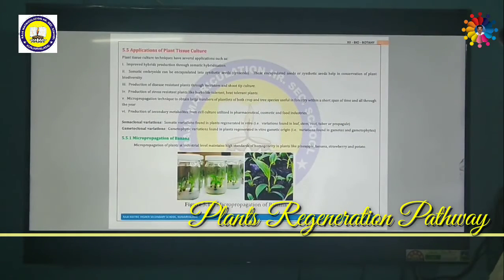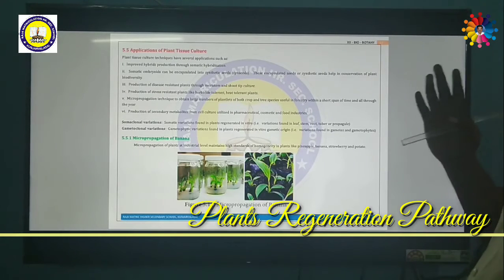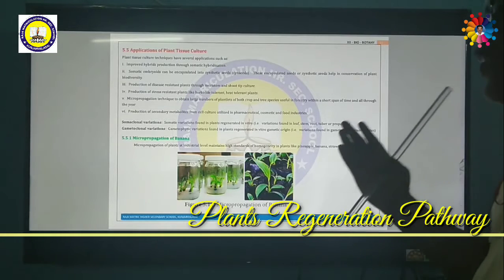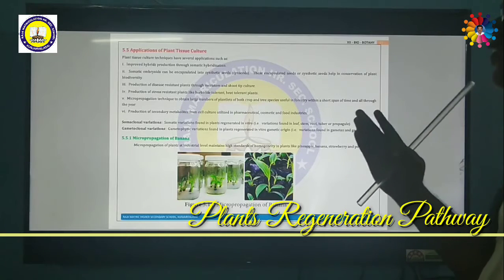Next we are going to see a very important question, applications of plant tissue culture. What is the use of plant tissue culture? What are the advantages of plant tissue culture? That we are going to discuss today. Plant tissue culture techniques have several applications, such as improved hybrid production through somatic hybridization.